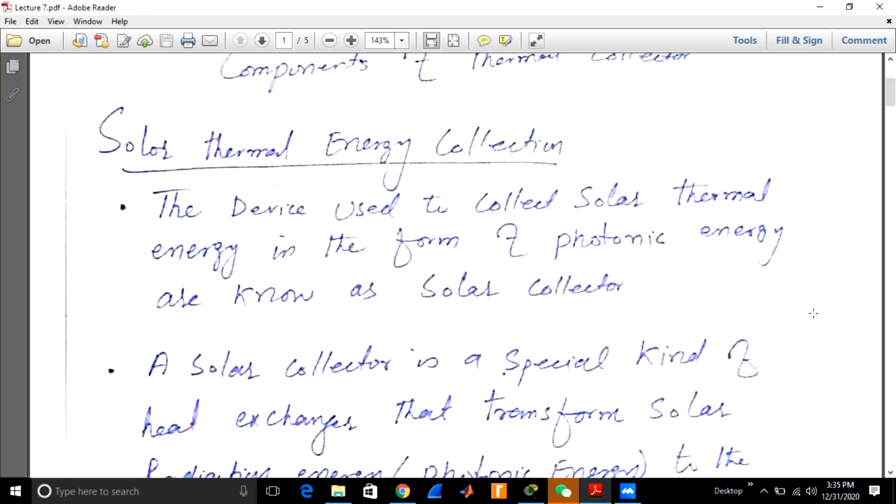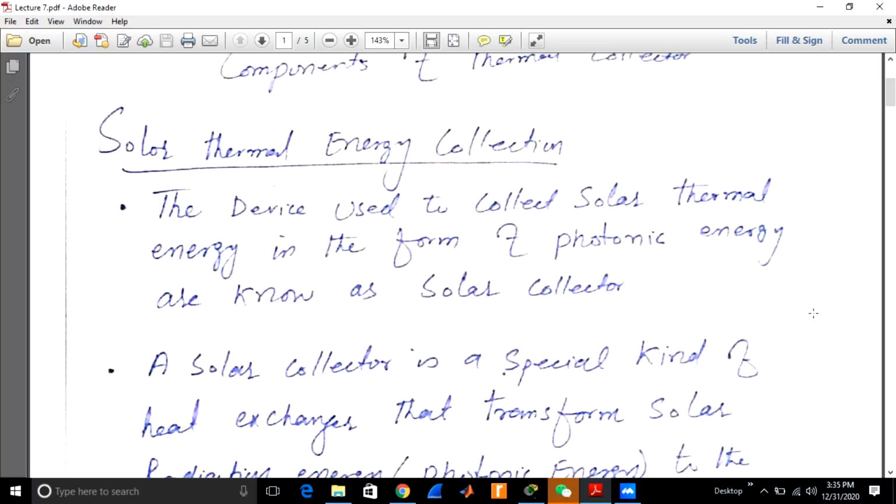The particles in the light are called photons, and the energy of the photon is called photonic energy. Therefore, in the definition we say that the device which is used to collect the solar thermal energy in the form of photonic energy is known as a solar collector.